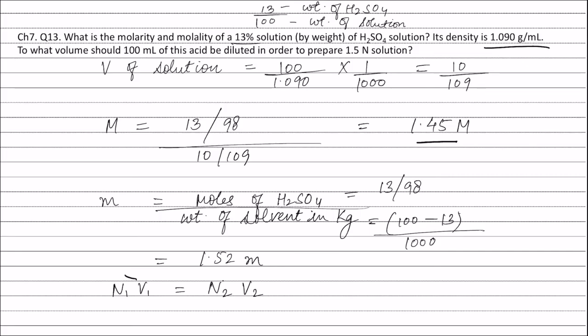V1 is given as 100 milliliters and N2 is given as 1.5 N. Now N1 will be equal to molarity of sulfuric acid, which is 1.45, into valency factor of sulfuric acid, that is 2. Therefore N1V1 equals N2V2 can be written as 1.45 into 2 into 100.